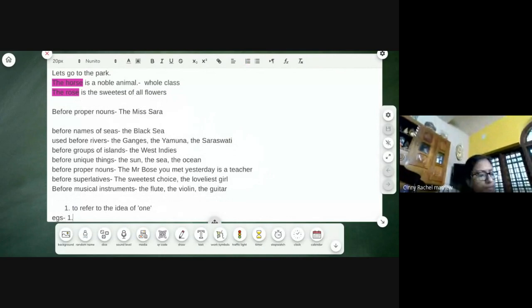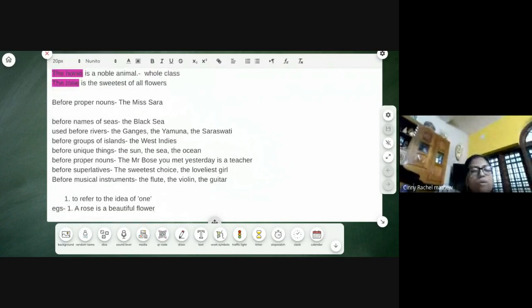The first example: a rose is a beautiful flower. A rose is a beautiful flower. Now, going to another example with the same rose: the rose is a beautiful flower.